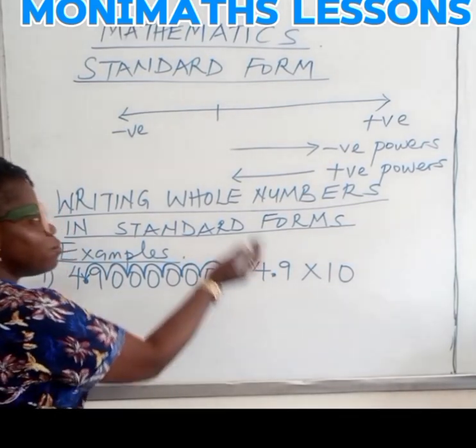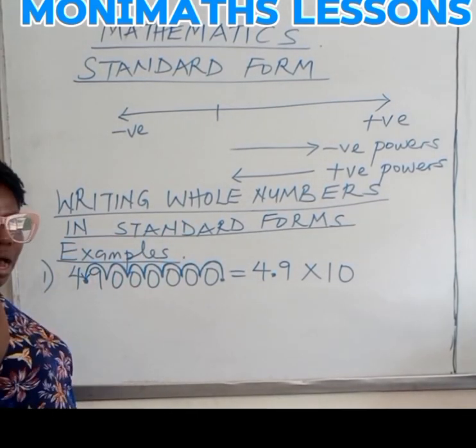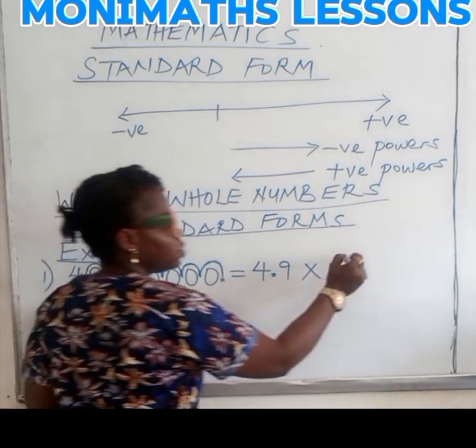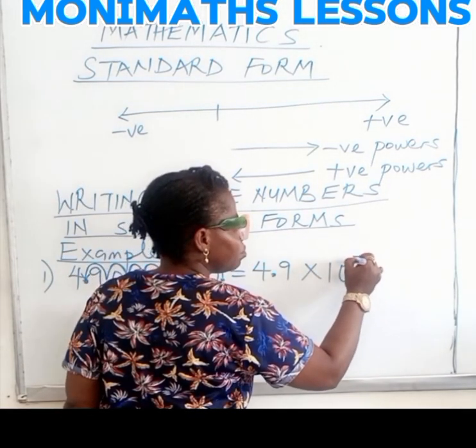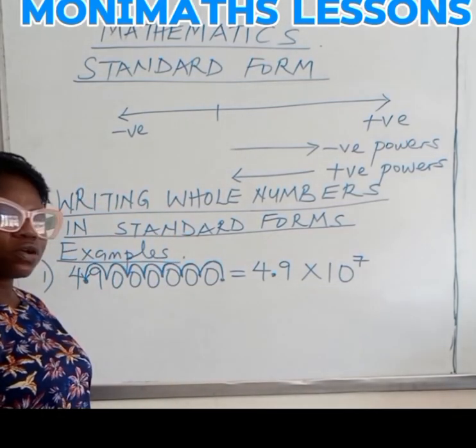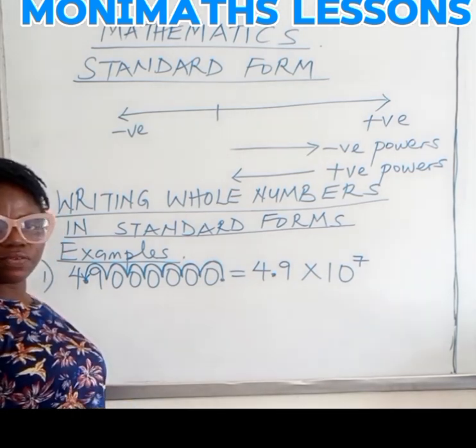And because I moved towards the negative axis, my power is going to be positive, that is positive 7. So 49 million is equal to 4.9 times 10 raised to the power 7.